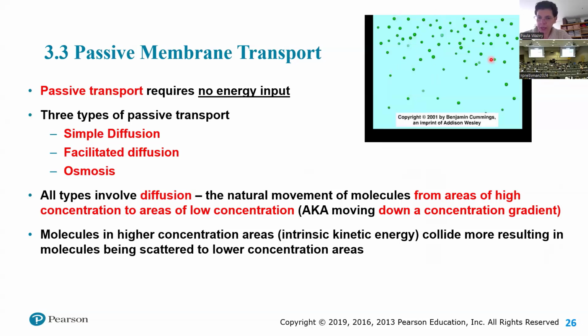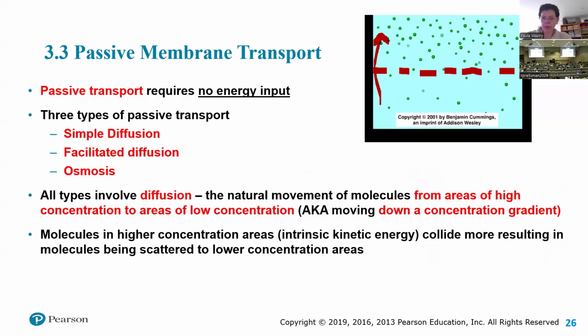If you look at the bottom part of this solution, you have more water here than over there, so the water is going to move that way. Okay, so that's osmosis. And of course, that would help if you have a semi-permeable membrane in the middle over here. That's my semi-permeable membrane. So water will go from high concentration of water to low concentration of water, and that is osmosis.